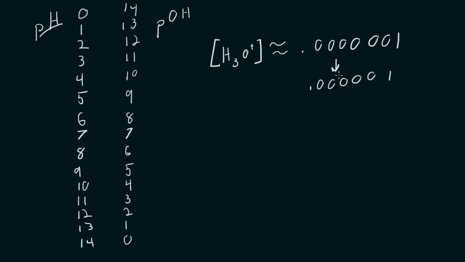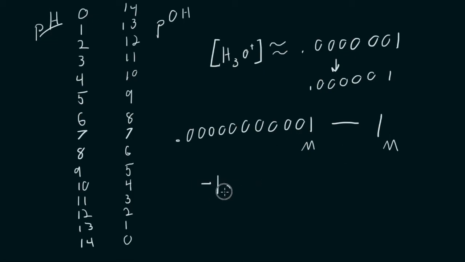And so we don't want to have to use a scale that goes all the way from this tiny number all the way up to a 1. And these would be molar, by the way. These would be concentrations. They would be in molarity. We don't want to have a scale that looks like this. And so what we do is we take the negative log of a hydronium concentration, H3O+. And if we take that negative log, it takes numbers like this, and it shrinks them into numbers like this.